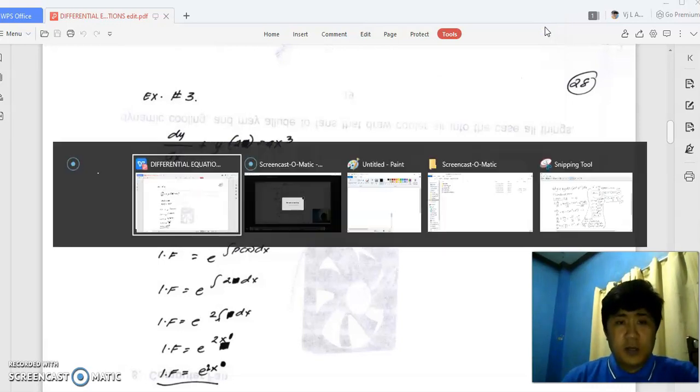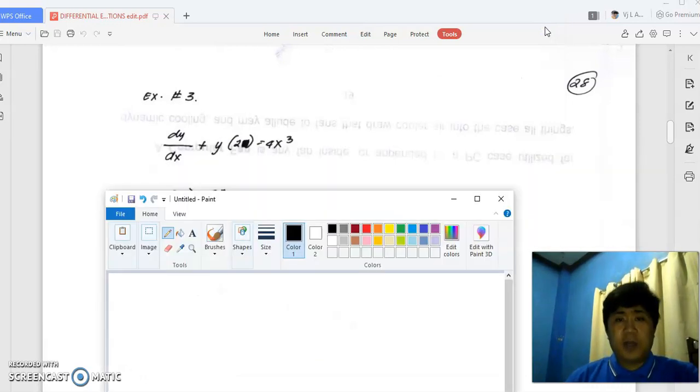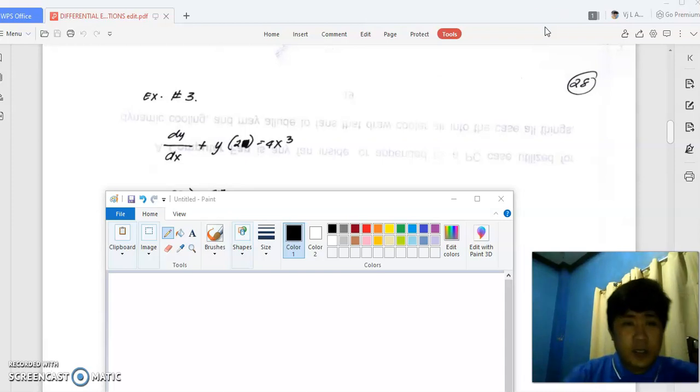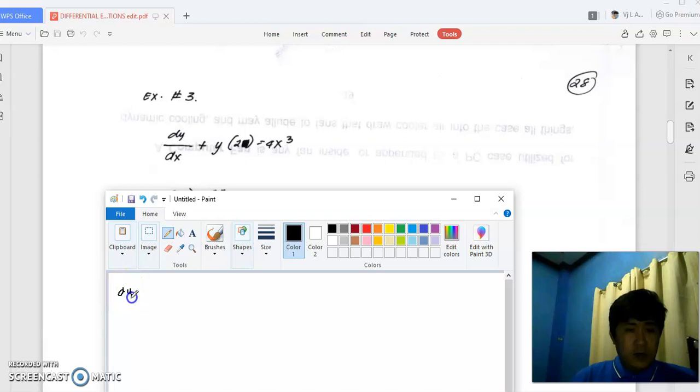Okay. Let me copy the problem. So the problem is dy over dx plus y. Let's say the given is like this, 2y equals 4x cubed.